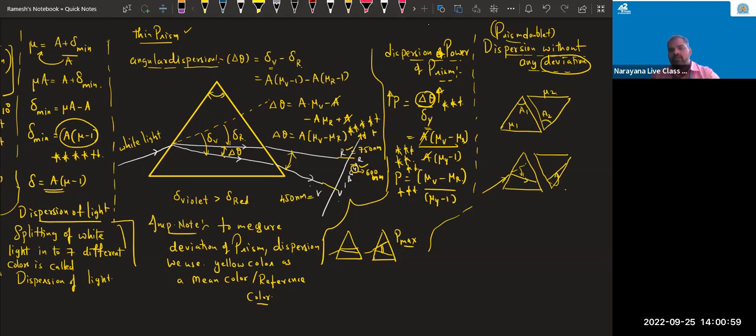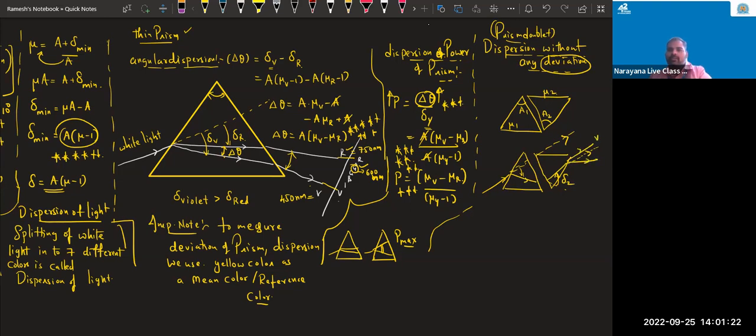Yes, sir. And in the final light, the incident light, how it is going, the emerging light also should go in the same direction. That is called no deviation. No deviation is there, but dispersion is there, no?